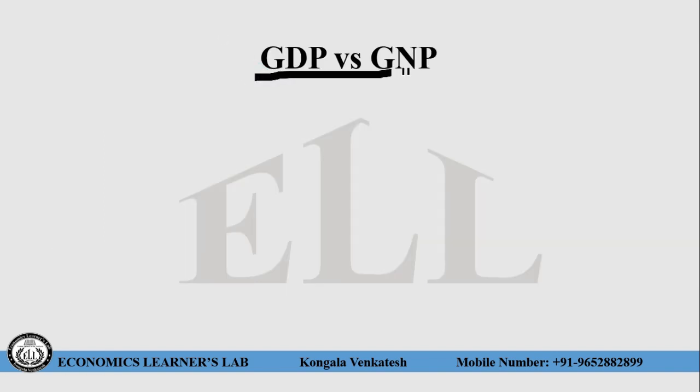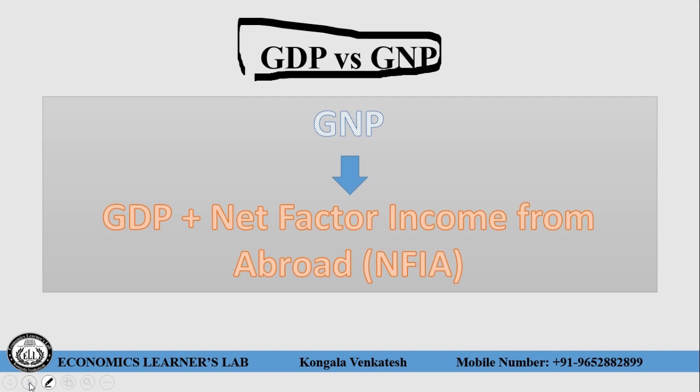So do you know the difference between the GDP and GNP? Let us see. GNP is nothing but when you add net factor income from abroad to the GDP, then you will get GNP. The simple difference between the GDP and GNP is net factor income from abroad.